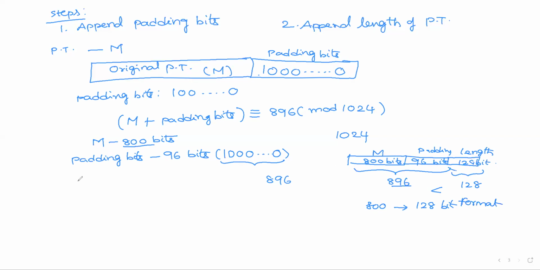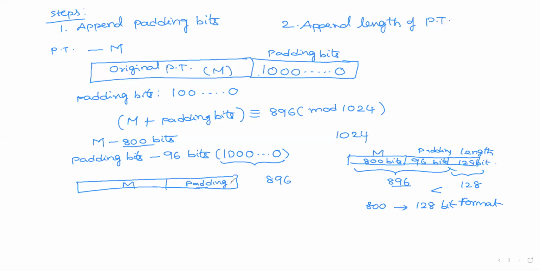So if you have more bits, not less than 1024, then what do you have to do? Then you have to append those padding bits. After the original plain text, you are taking padding bits, no?